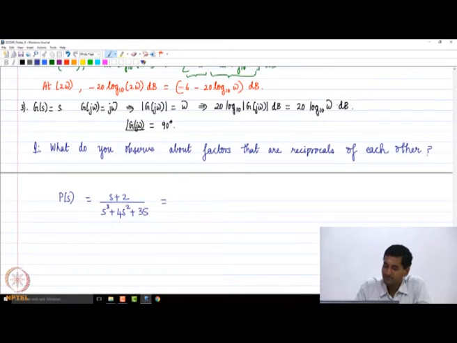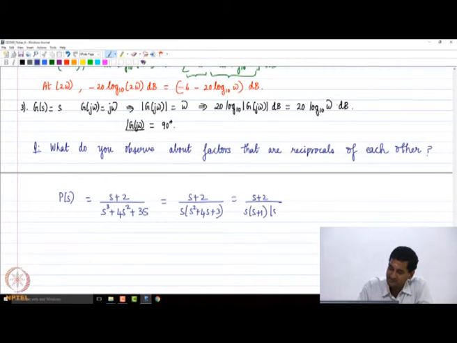So what can I do? If I have a plant transfer function like this, I can rewrite this as s plus 2 over s times s squared plus 4s plus 3. And what is s squared plus 4s plus 3? It is going to be s plus 1 times s plus 3, correct?